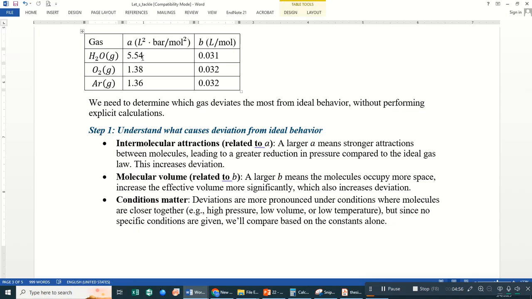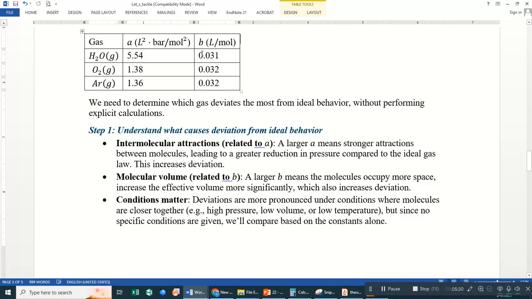We already know that water, in the form of gas or liquid, has a tendency to form hydrogen bonding. Hydrogen bonding is a stronger force of attraction. The greatest value of a is for water, and for oxygen and argon the values are about similar, 1.38 and 1.36.